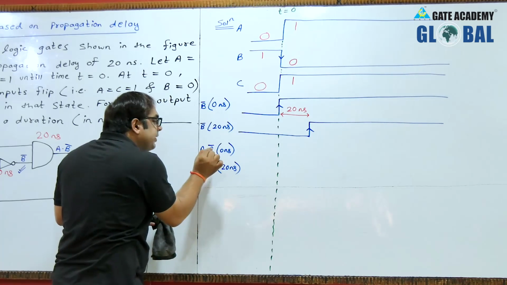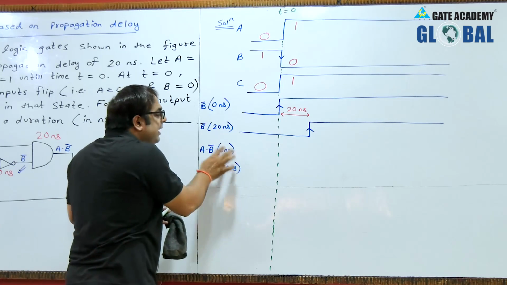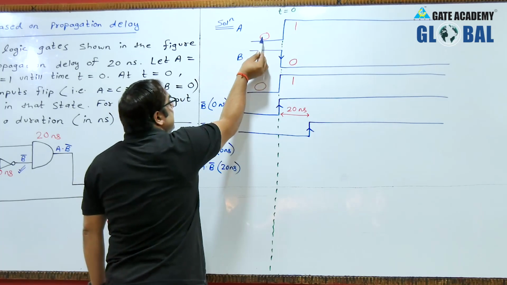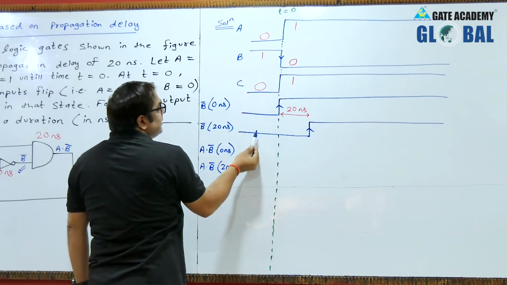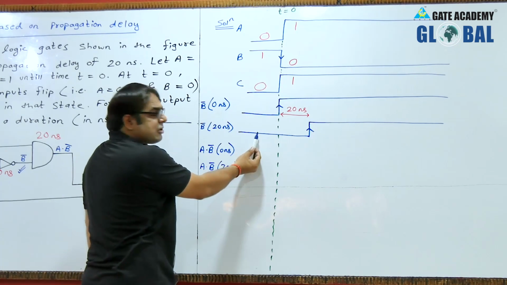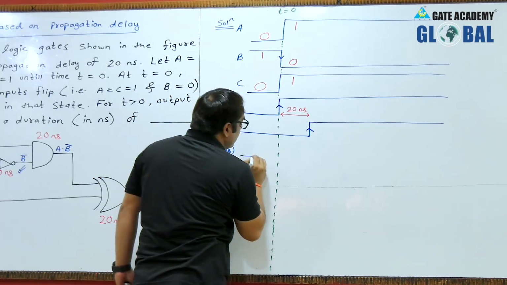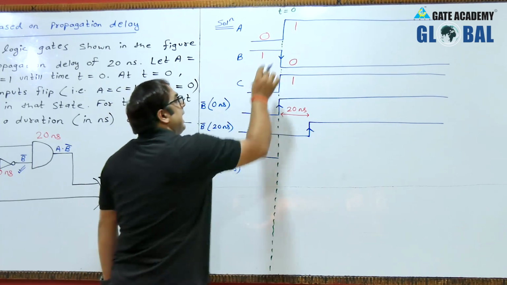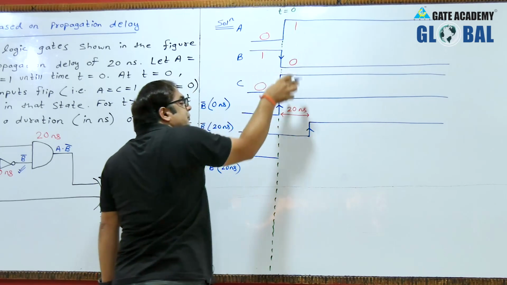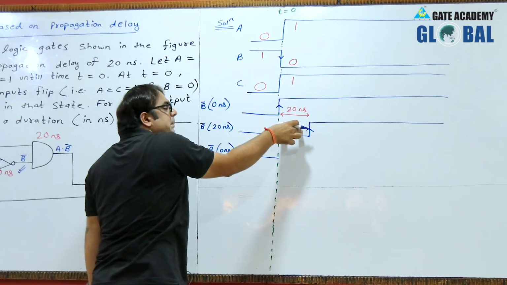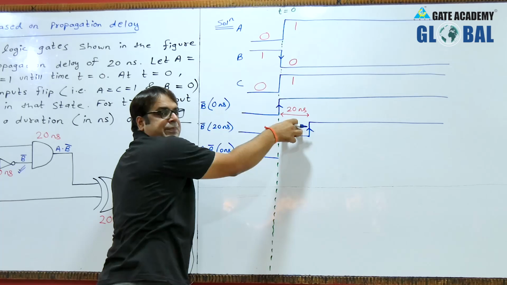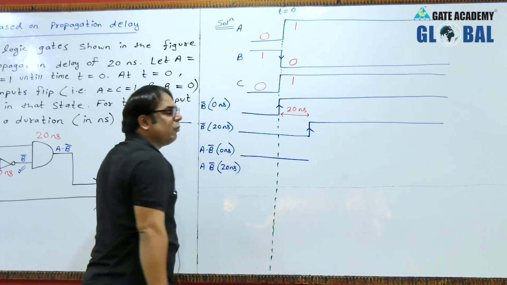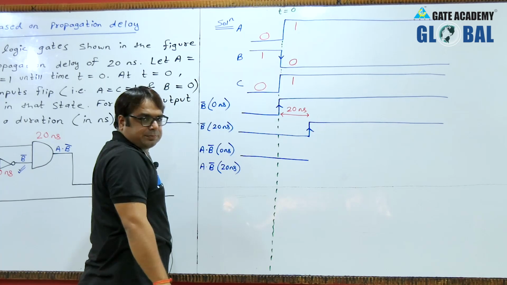A dot B complement, firstly assuming no propagation delay: A is logic 0 and B complement is also logic 0, so A dot B complement is logic 0. Again A is equal to 1, but for this 20 nanosecond B complement is equal to 0, so the output is again 0.